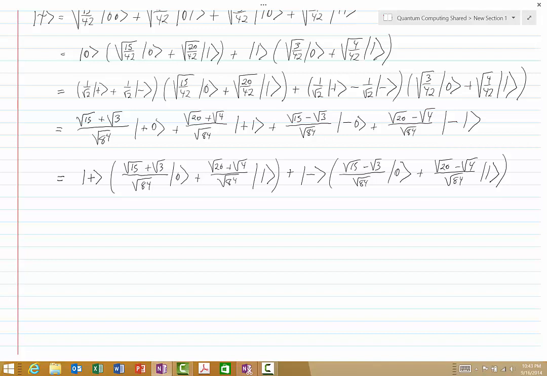So I'm not brave enough to keep on doing all the algebra with the square roots. I'm just going to go to the calculator and get some numbers. And so if you do simplify these expressions with your calculator, I believe that you will get the following. The first term becomes plus times 0.6116 times the 0 ket plus 0.7062 times the 1 ket.